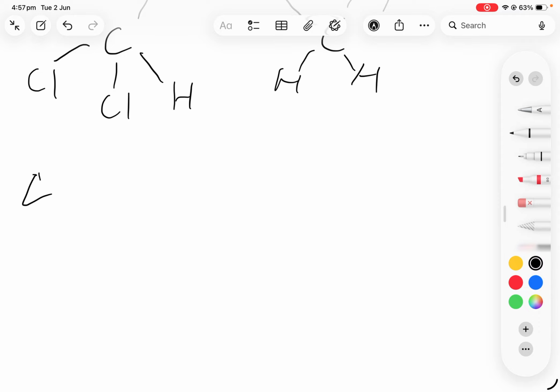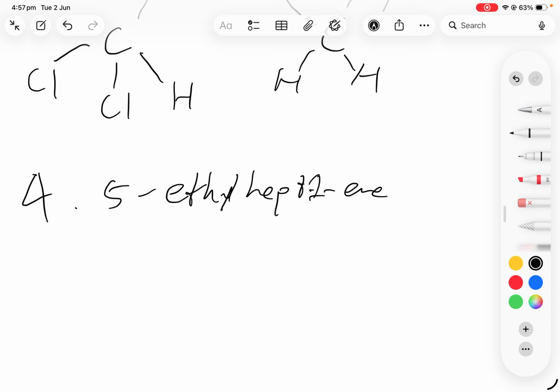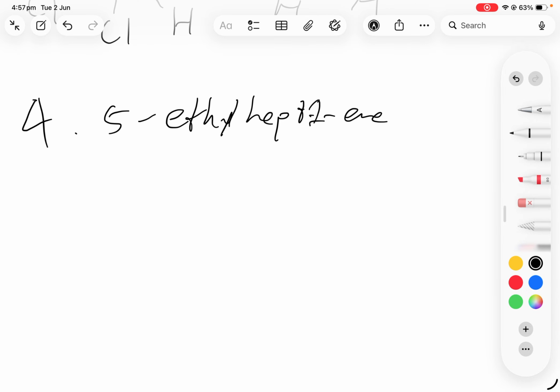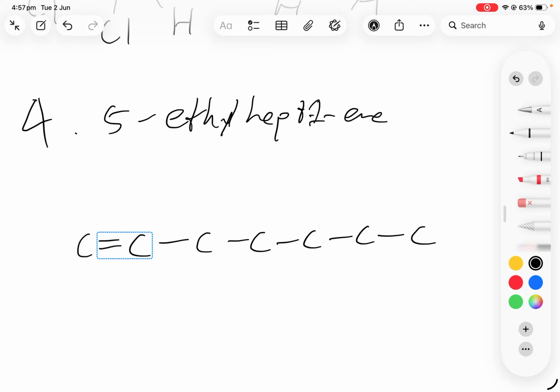And 4,5-diethylhept-1-ene. Okay, so because it's hept, there's 7: 1 2 3 4 5 6 7. Then 1 2 3 4 5. That's ethyl.